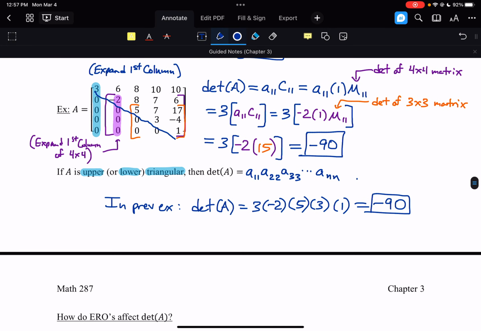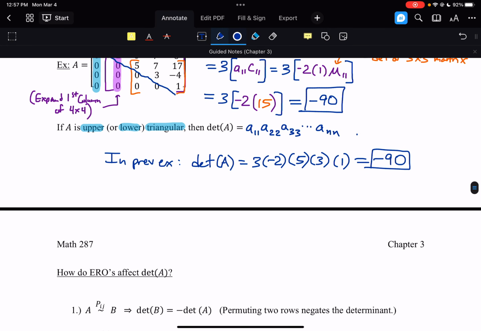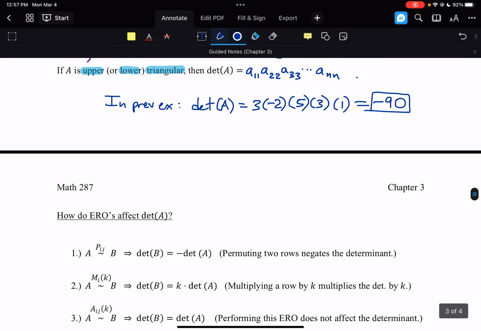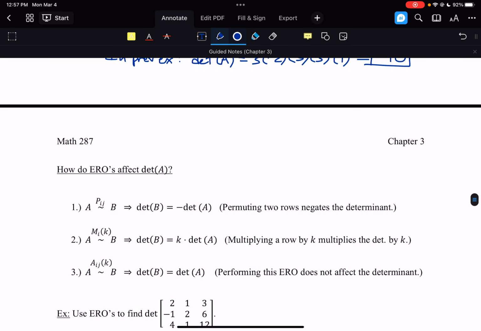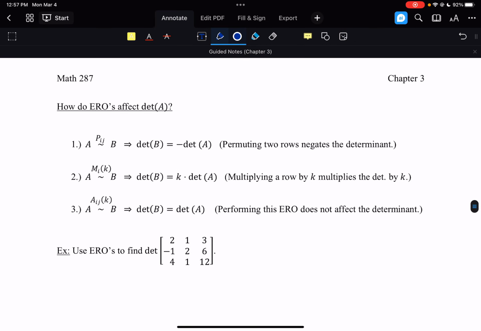So if we look at the top of the next page, the elementary row operations actually do have an effect on the determinant of a matrix. If you had a matrix that had a determinant and you performed an ERO, an elementary row operation, on that matrix, it could impact what the determinant of the new matrix is.